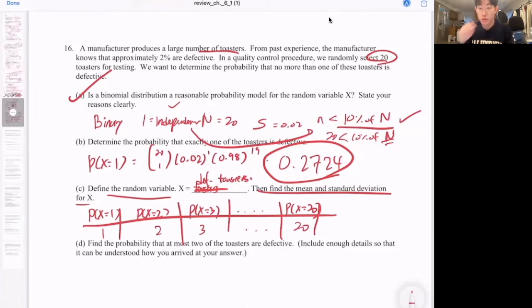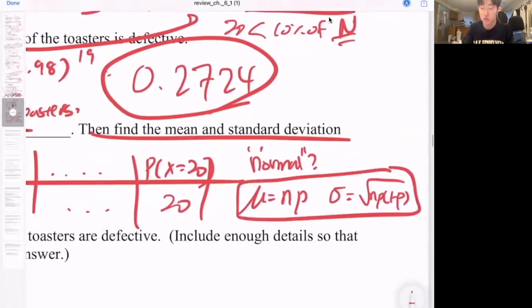So what we're going to do is see if it's normal, because if it's normal, it's going to be a lot easier, because the mean simply becomes n times p, and the standard deviation becomes the square root of np times 1 minus p. If it's indeed normal and binary, you can use this formula to figure out the mean and the standard deviation.